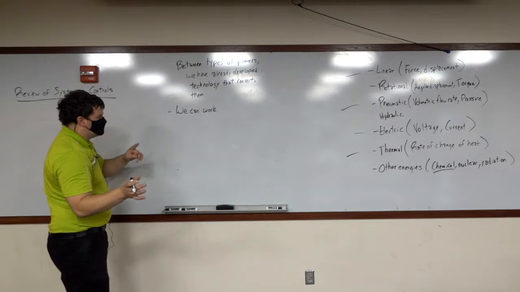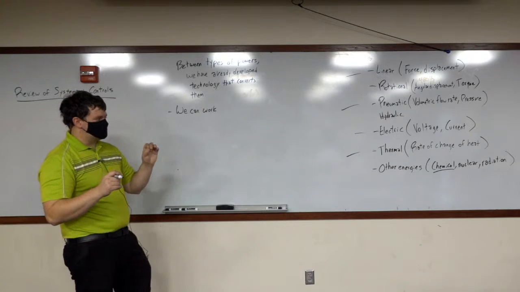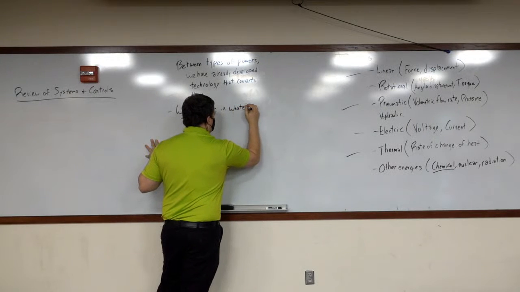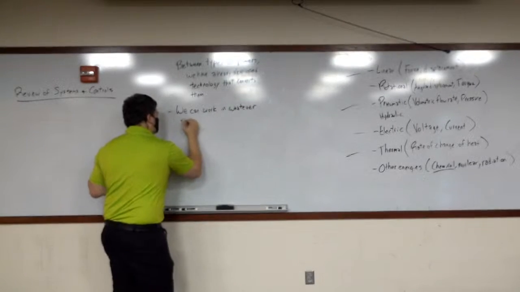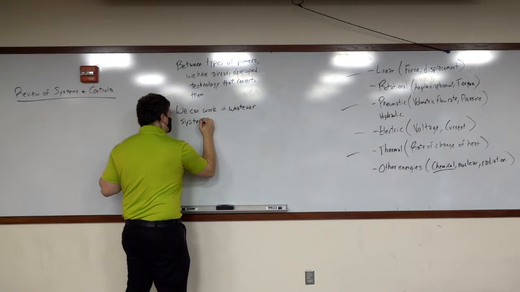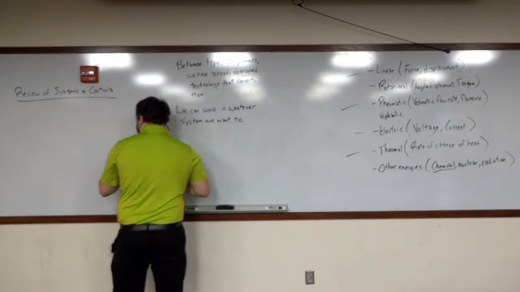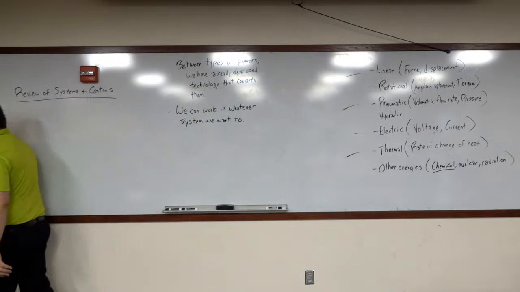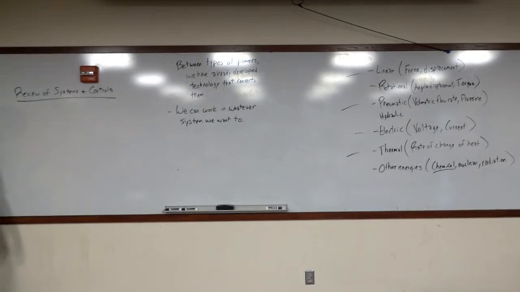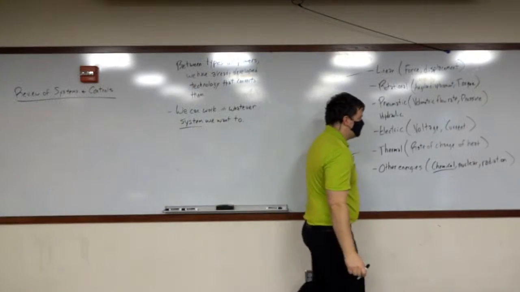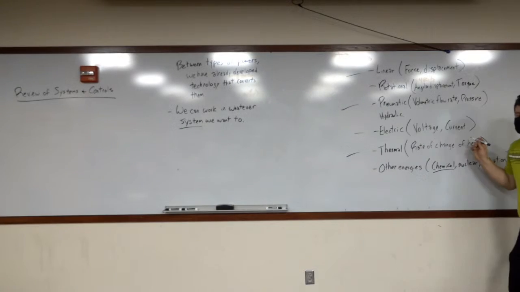Okay, anyways, the piece that's really nice about this is that we can work in whatever system we want to. This has had some major implications for society because when we can say whatever system we want to, it means we can make everything be an electric system.